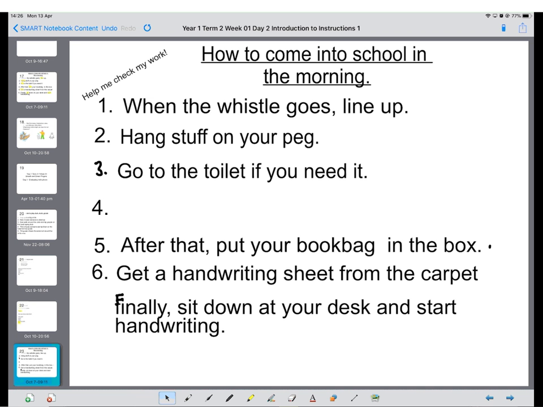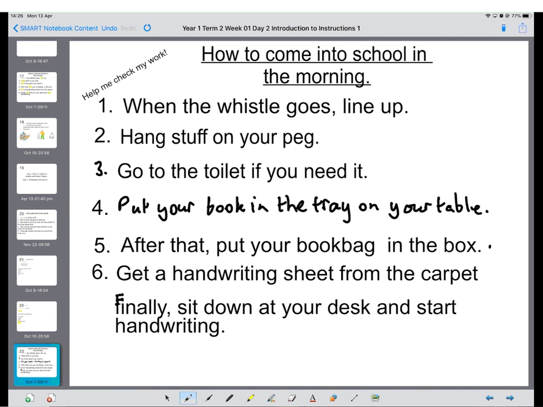And that step is put your book in the tray on your table. Nonetheless, overall, that's a pretty good set of instructions. And what makes it particularly good today is the way that numbering is being used at the start to help you know what order to follow the instructions.